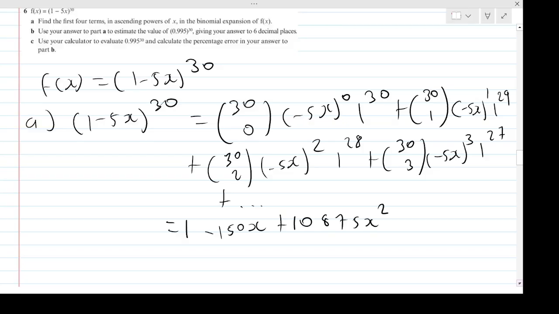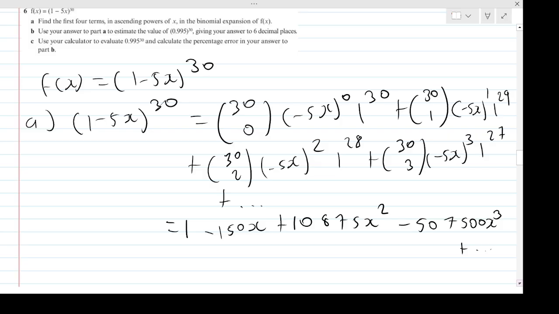Then lastly, 30 choose 3 is 4060 times minus 5 cubed. I get minus 507,500x cubed, and then dot dot dot, right? But those are my first four terms.